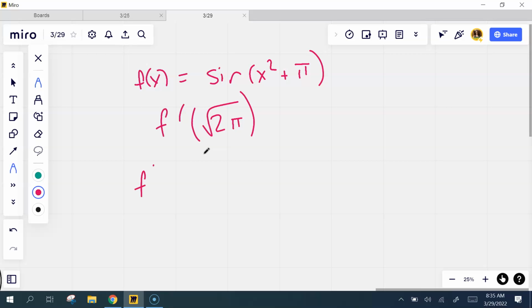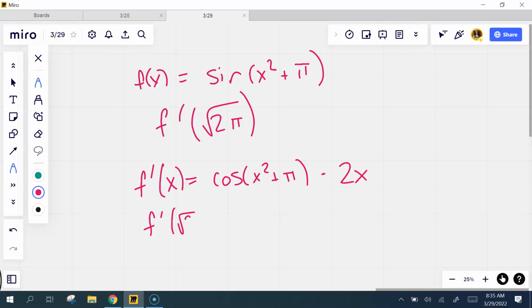Why do you find the derivative? Because this is f prime. So first I'm going to find the derivative of this. So what's the derivative of sine? Cosine. But I can't forget that chain rule, right? So times 2x. Now to do f prime of the square root of 2 pi, this goes in for x here and here.